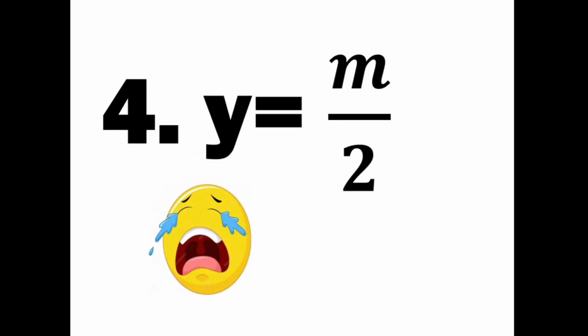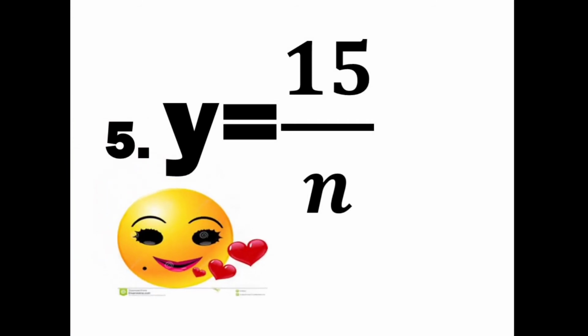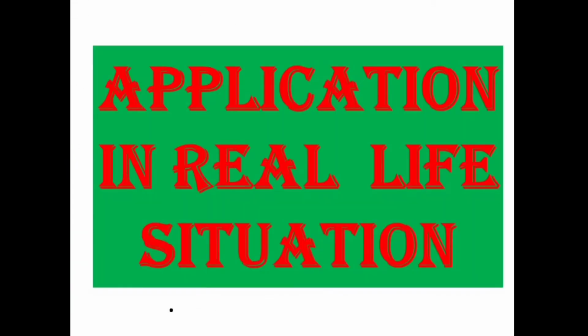As you observe, the constant 2 is found in the denominator. Number 5, y equals 15 over n. The answer is a happy face. Correct. Very good, class. And now let's proceed.